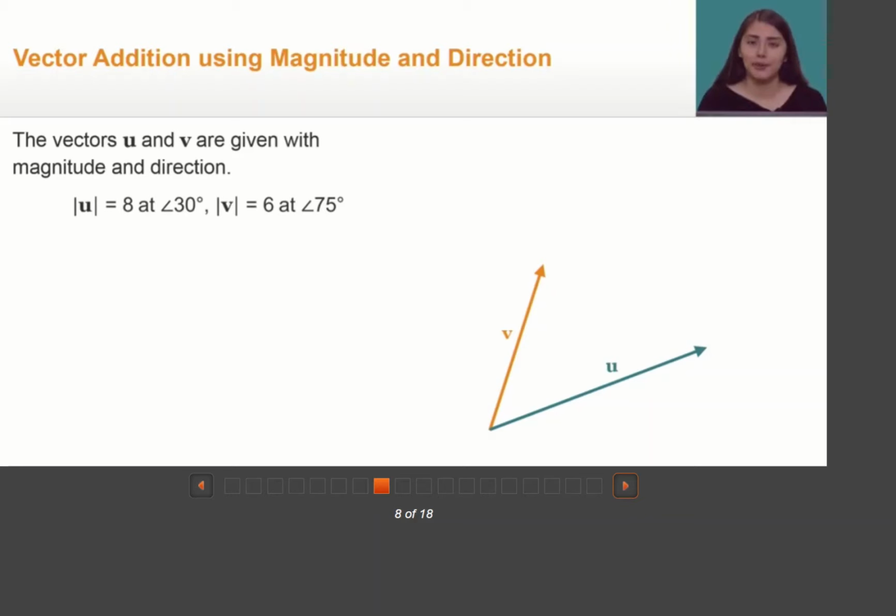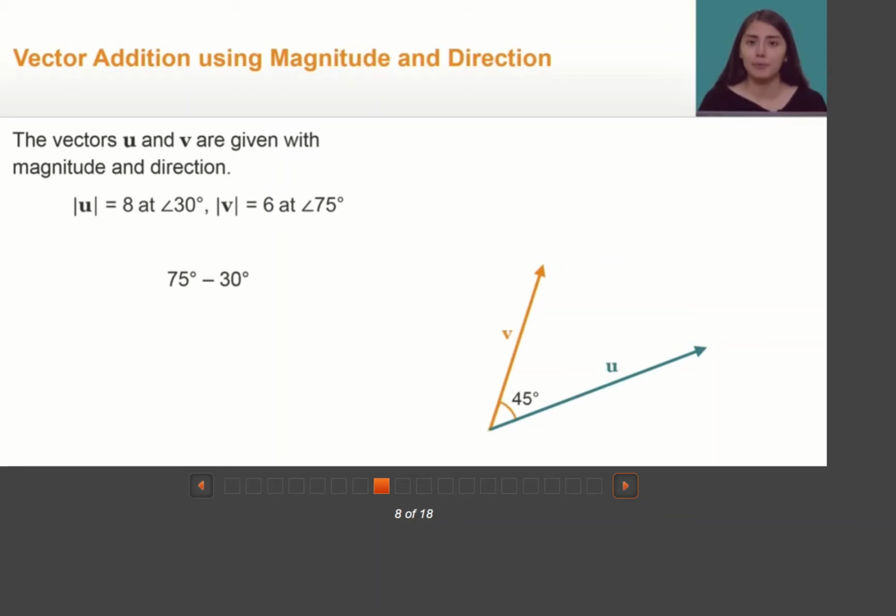Given vectors u and v, we can use the law of cosines to find the magnitude of the resultant vector. First, we want to find the angle between the vectors' initial points. We do this by subtracting the direction angles of the vectors. So the angle between their initial points is 45 degrees.